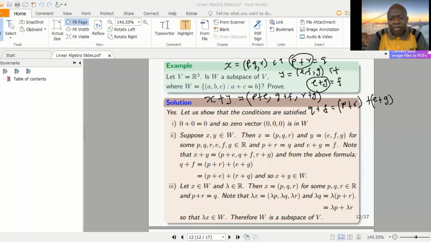Now, using commutativity and associativity, we rearrange these elements.